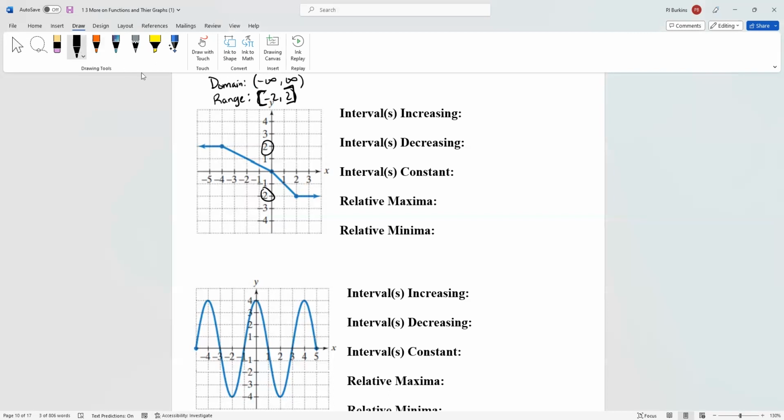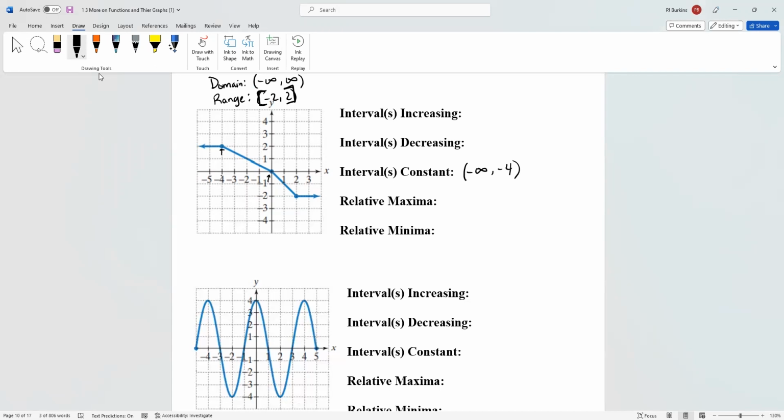Now we want to talk about where this thing is increasing, decreasing, and constant. Well, let's go from left to right, just like we'd read the graph. So starting out at negative infinity up to x equals -4, this thing is constant. So minus infinity to -4. Then between -4 and 0, it's decreasing. And just because it looks like it takes a little bit of a change in the curve there, the line changes slightly in direction, it's still decreasing.